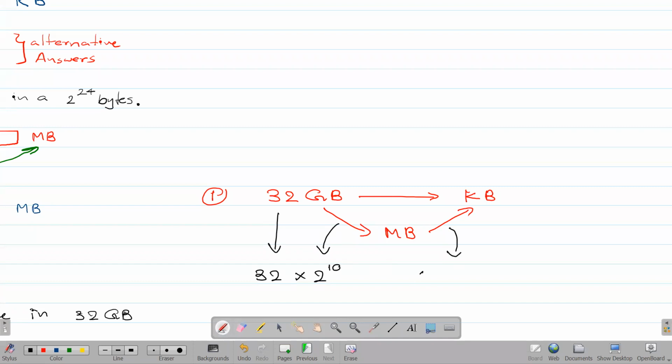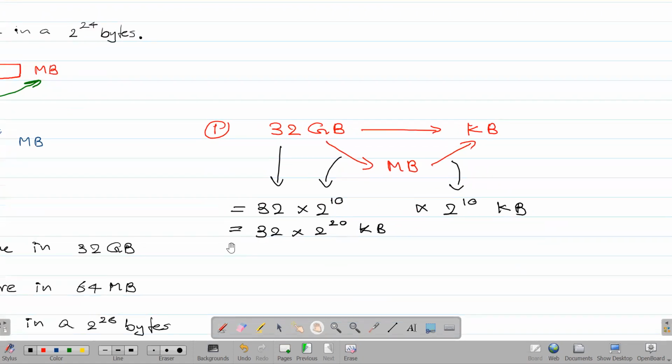And for the megabyte to kilobyte conversion, we need 2 to the power 10. So this comes in kilobytes, which means 32 into 2 to the power 20 kilobytes. If we write this as a 2 to the power, 32 can be written as 2 to the power 5 into 2 to the power 20 kilobytes, which gives you 2 to the power 25 kilobytes. So that's going to be the answer for the first one.